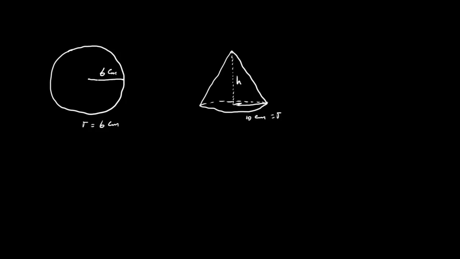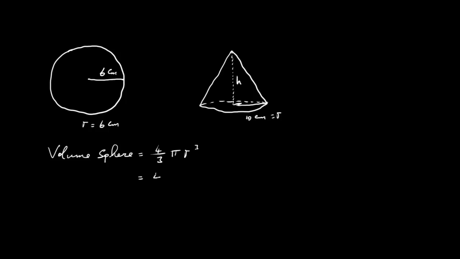Okay, so what do we know? Well, we know that if we melt down this sphere and turn it into a cone, the cone will have the same volume as our sphere. So again, the first thing we've got to do is work out the volume of our sphere. The volume of a sphere, again, is 4 over 3 times pi r cubed.